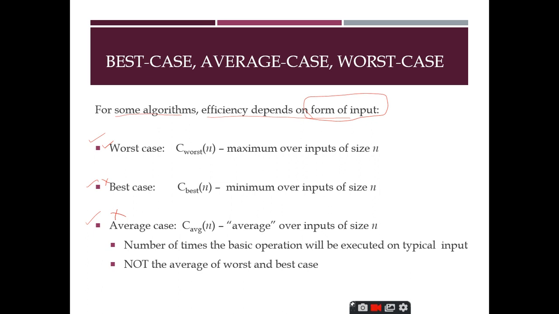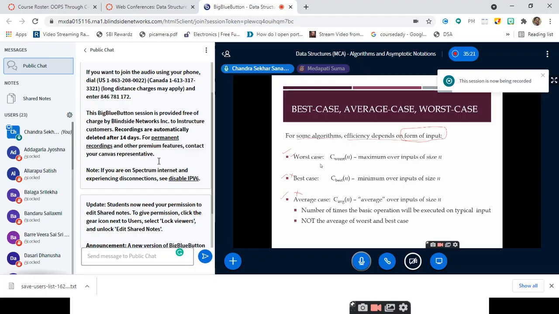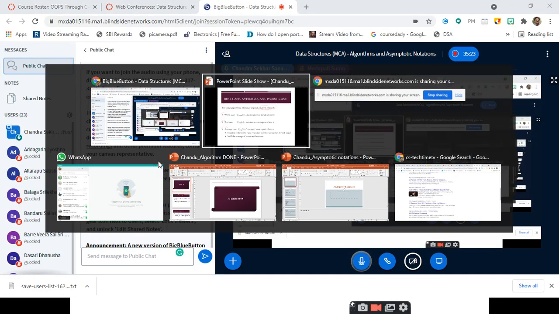We have gone into some deep discussion on what exactly time complexity is and what exactly space complexity is. Is it clear up to this point? Yes, sir. Right. So we will move to the other concept, which is called asymptotic notations.